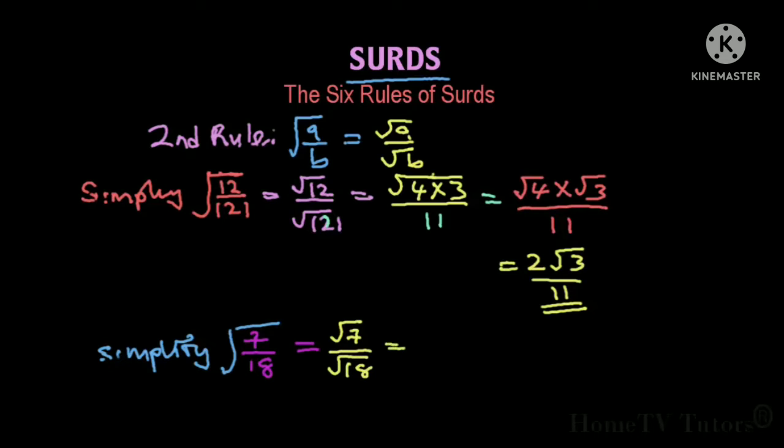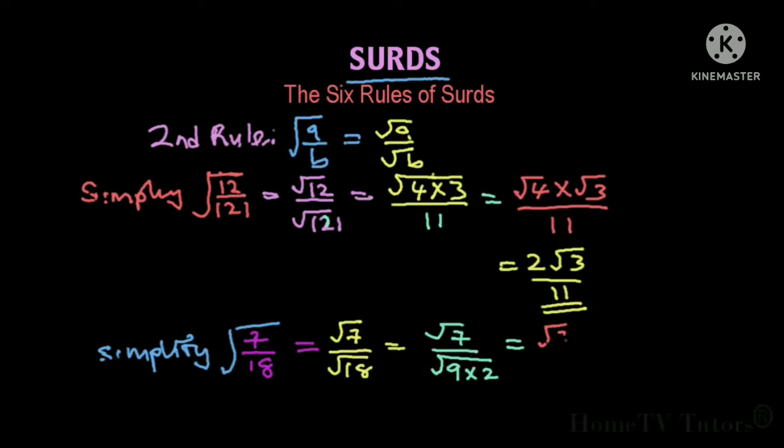Okay, we'll simplify further, so we have square root 7 over the square root of 18, which is square root 9 times 2.